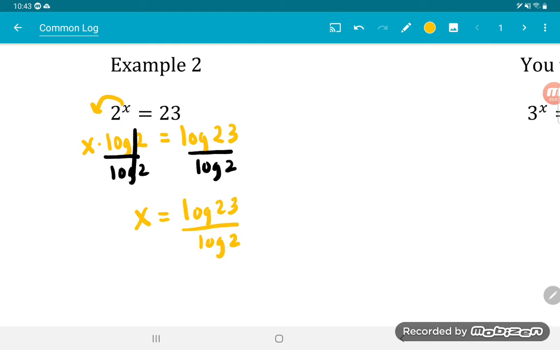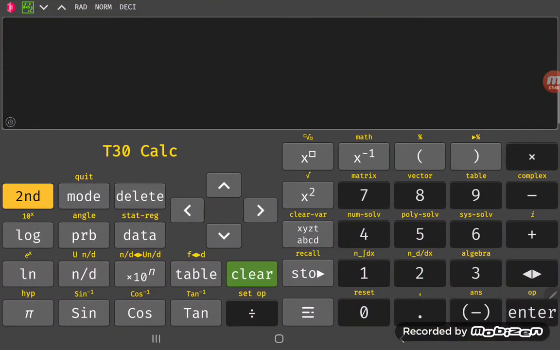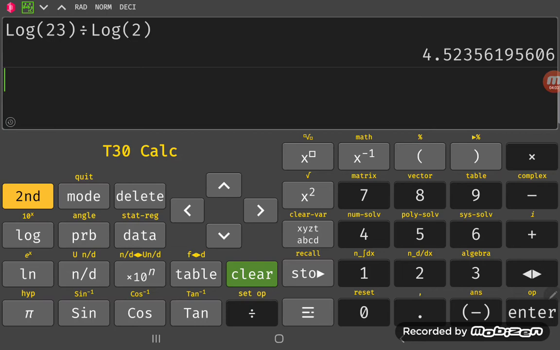This is how we will type this into our calculator. In your calculator, you're going to type log 23, close that parenthesis, divided by log 2, also close that parenthesis and click enter.